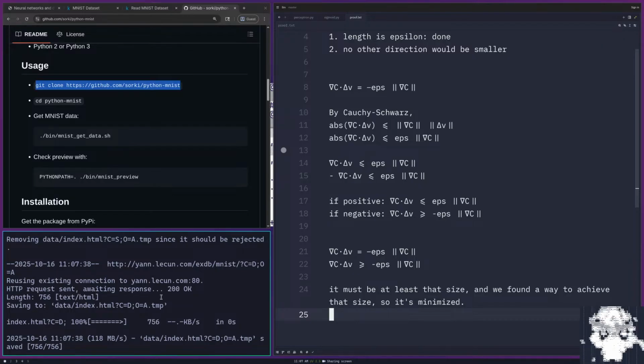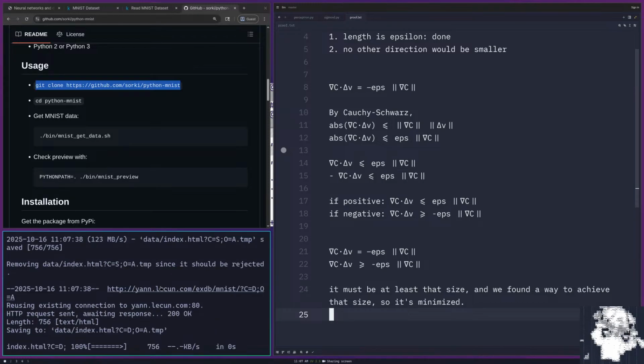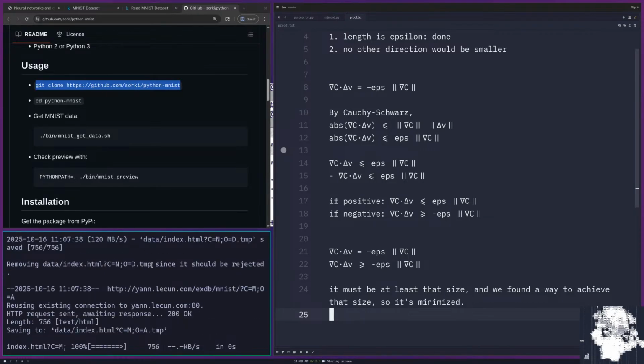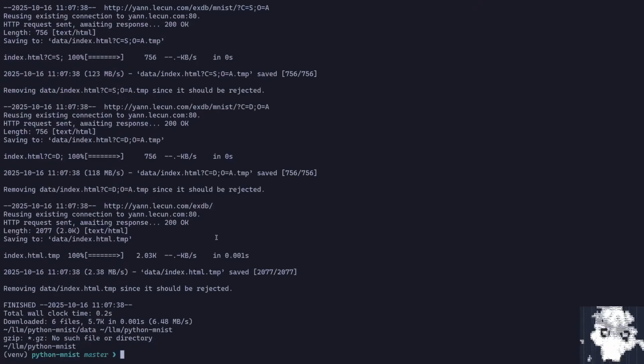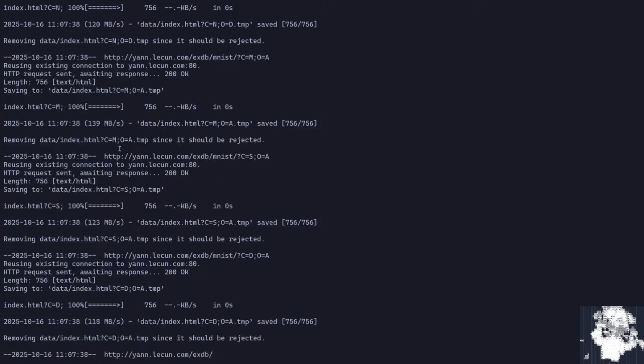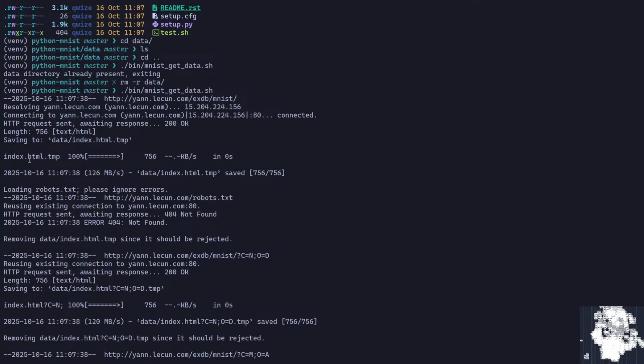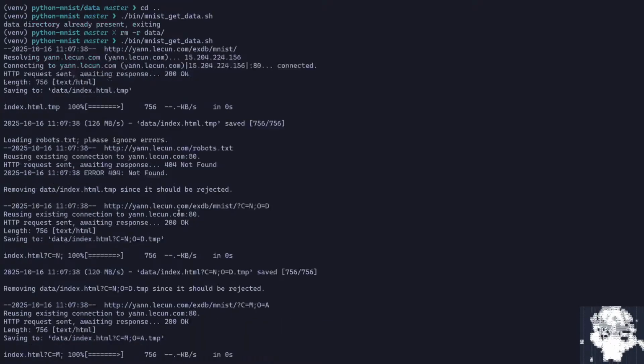It's trying to download from Yann LeCun. But did that not work? It doesn't say that it didn't work. Does it? It's just downloading index.html. 404 on robots.